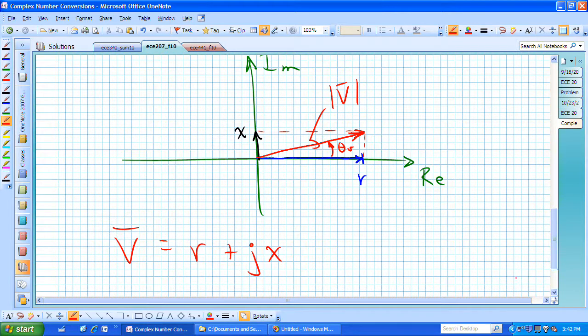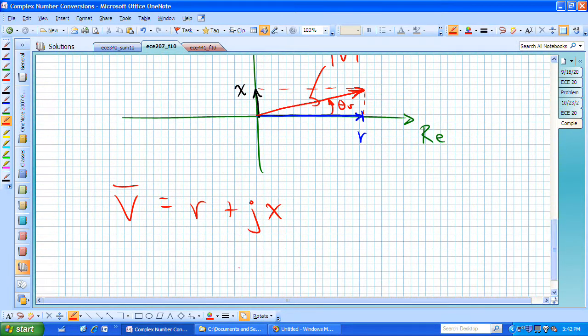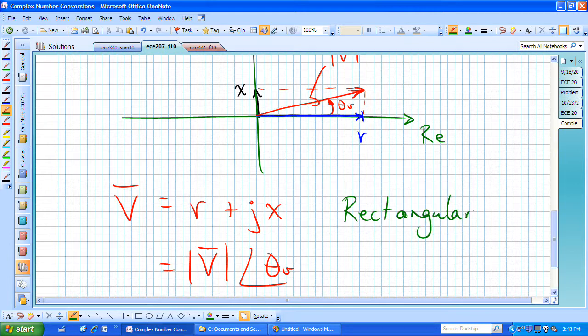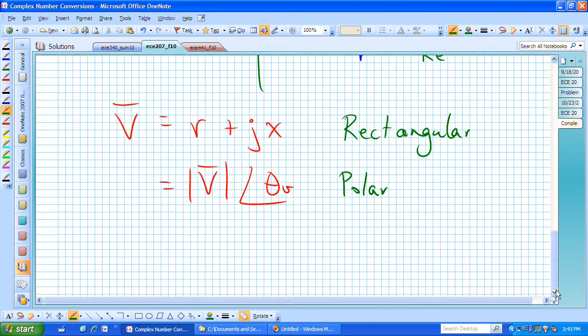We go horizontally a distance r, vertically a distance x. We could also represent that as a length of that vector at a particular angle, theta sub v. This is then our rectangular form of the complex number, and this is our polar form. And what you want to be able to do is go back and forth with those rather easily.